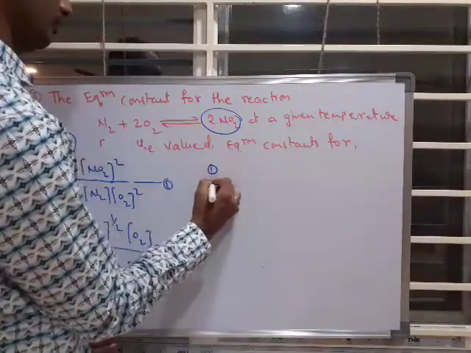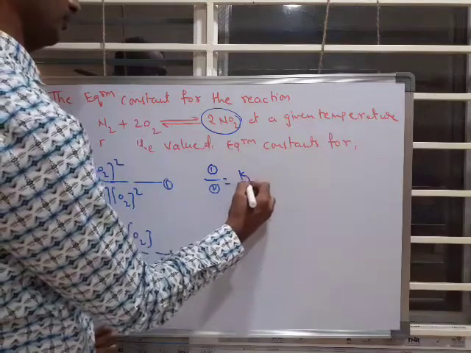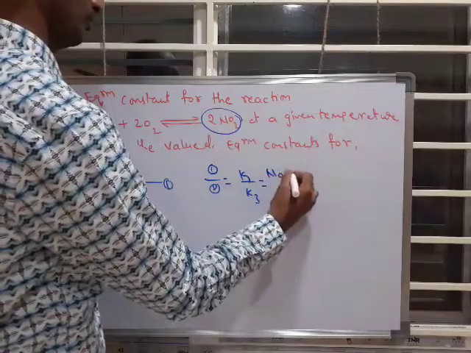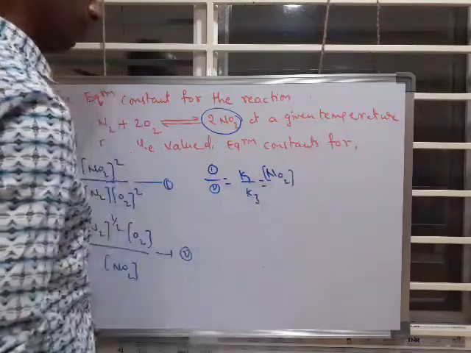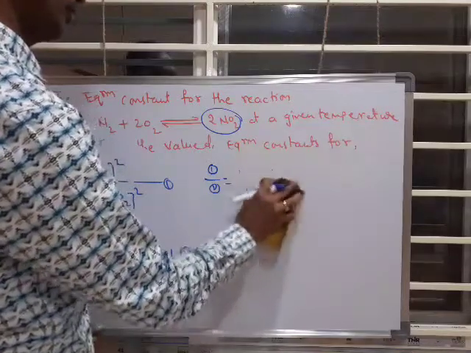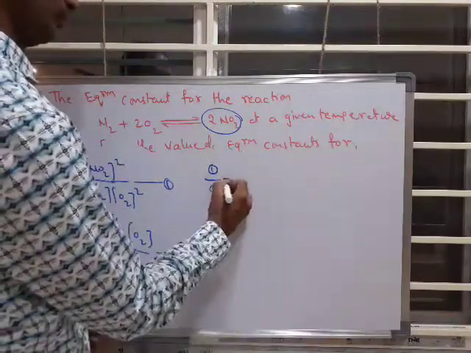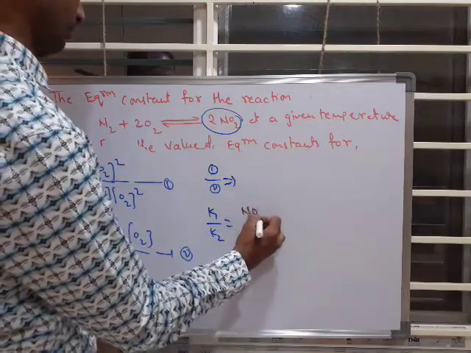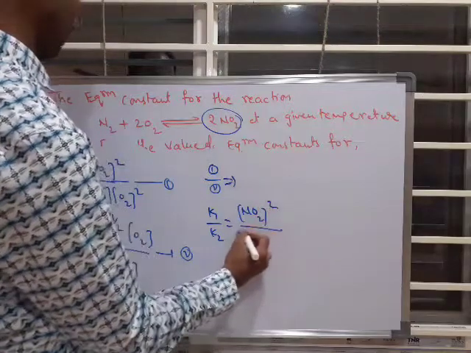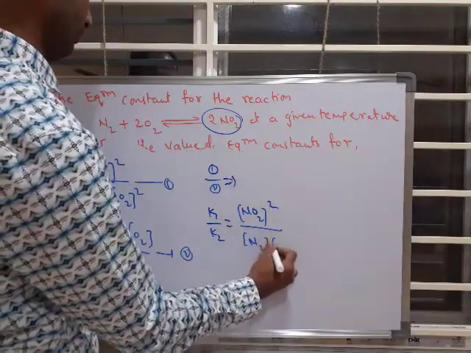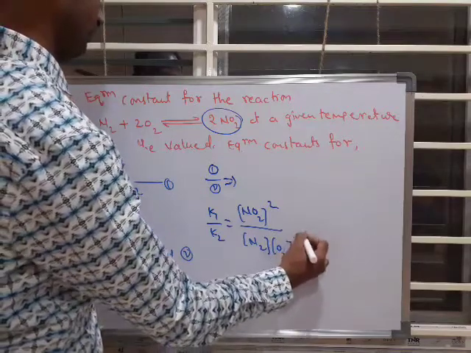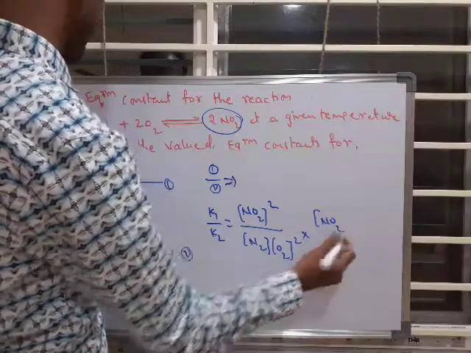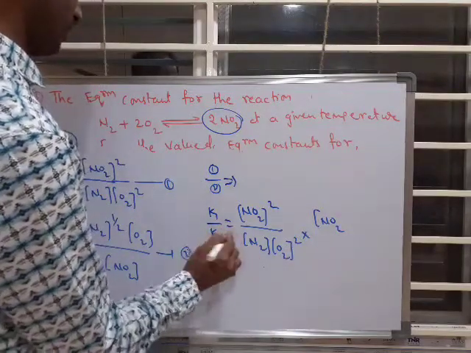So the K1 by K3 is equal to, by K2. Sorry, by K3, right?